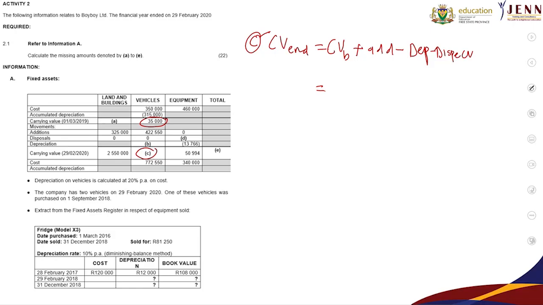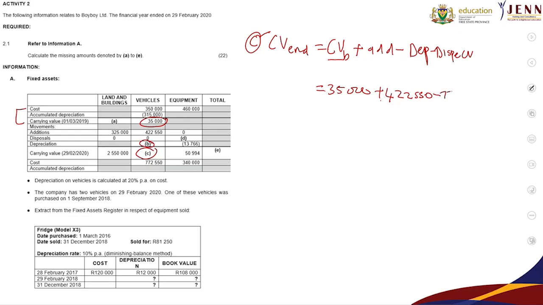What is the carrying value at the beginning of the year? The carrying value at the beginning is 35,000. The addition, how much is the addition during the year? It is 422,550. Now, how much is the depreciation?